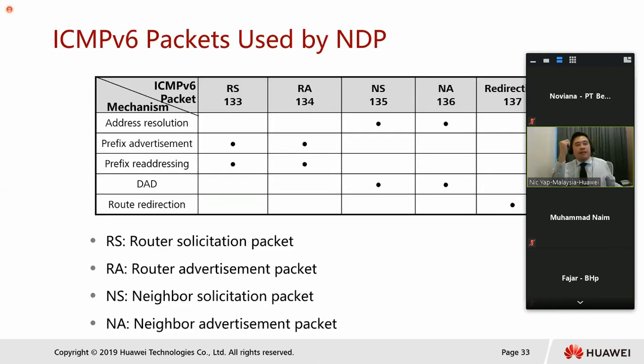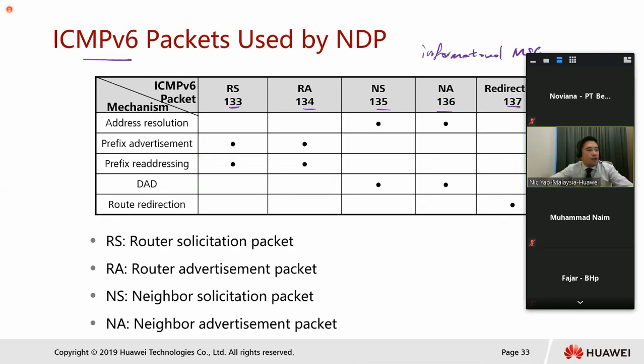From here, this is the IPv6 packet that we use in NDP. They are all using ICMPv6, types 133, 134, 135, 136, and 137. These belong to informational messages, because 128 to 255 are informational, while 1 to 127 are purely error messages.